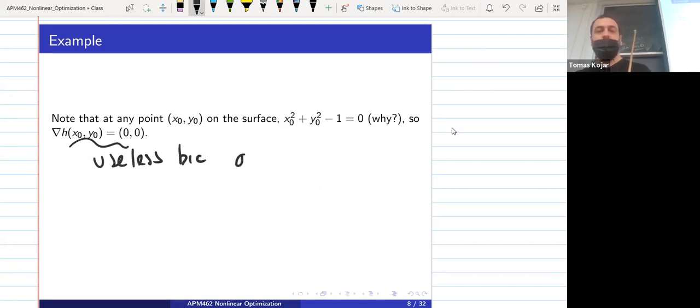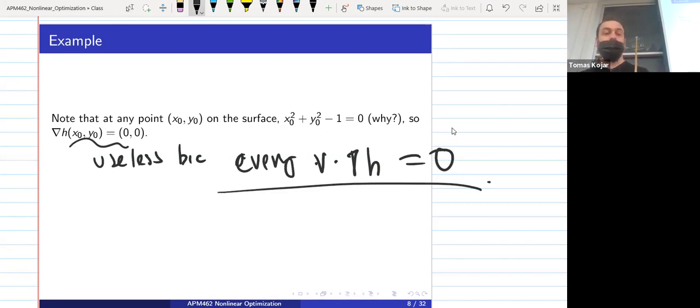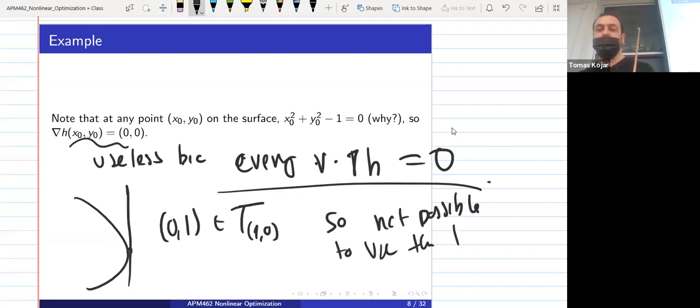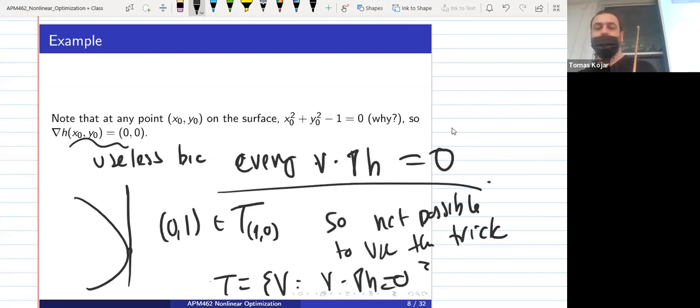So this is useless because every V dot gradient of H is 0. But from just a few slides ago, we showed that only the guys of the form 0, 1 are in the tangent of 1, 0. So not possible to use the trick of setting V so that V dot gradient of H is 0.